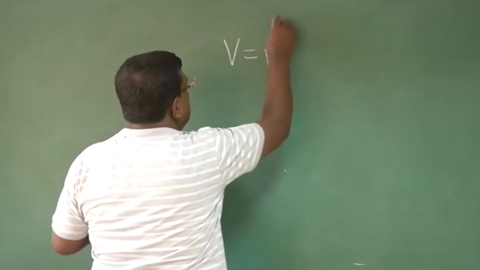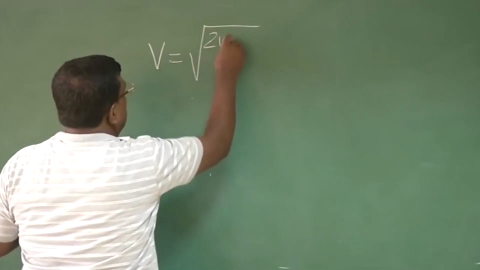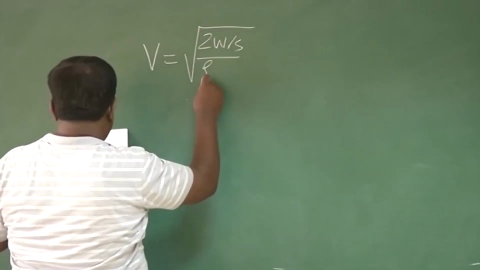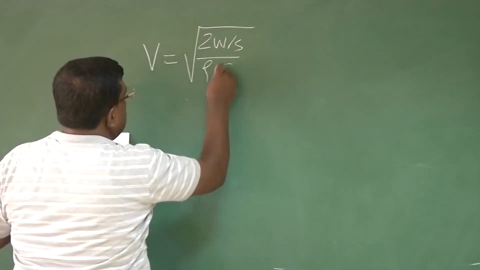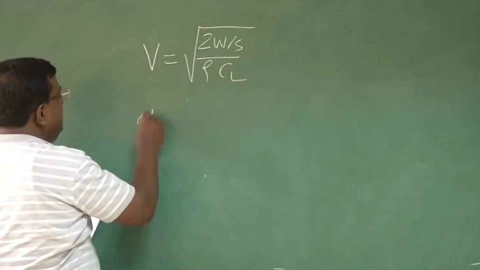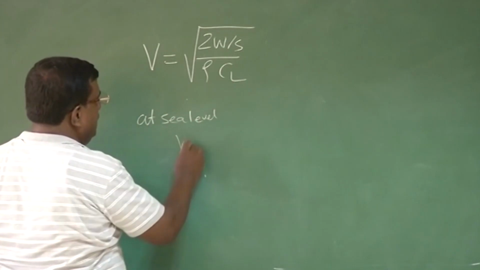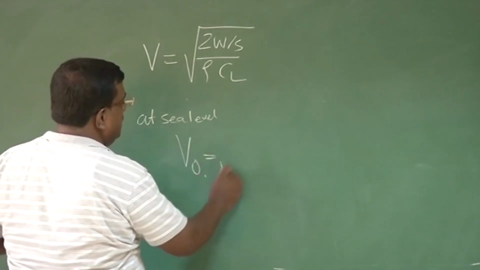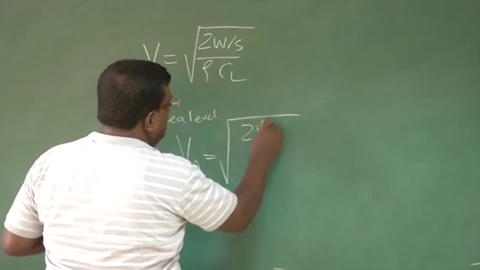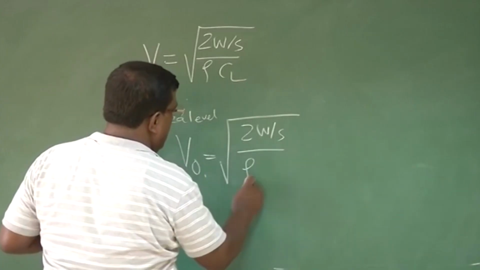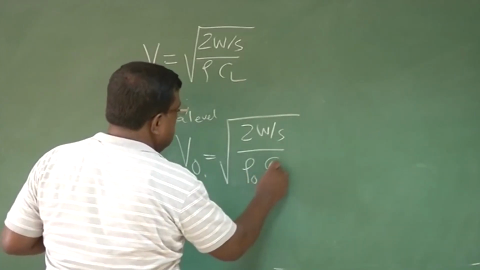V we know for cruise is root of 2W by S rho CL. So let's say at sea level, we denote it as V naught, root of 2W by S rho naught CL.